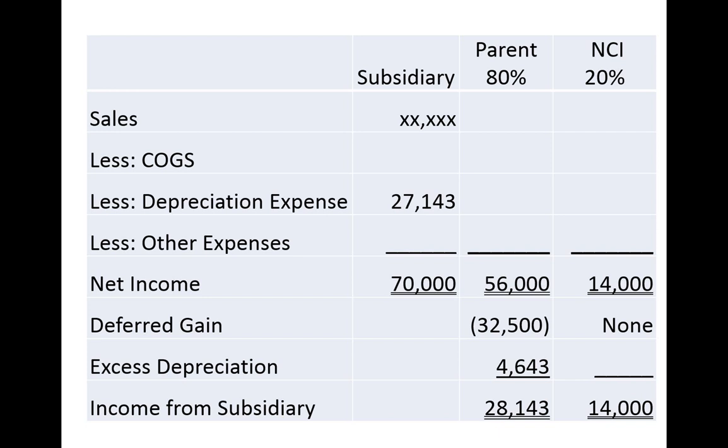So if we add that 4643 back, that makes depreciation 22.5, which is what it should be. So we see several things happening here. One is in the $56,000 that's going to the parent, we've got to undo the effects of that deferred or unrealized gain there, and we're going to subtract it out of that income, and then we're going to add back some excess depreciation.